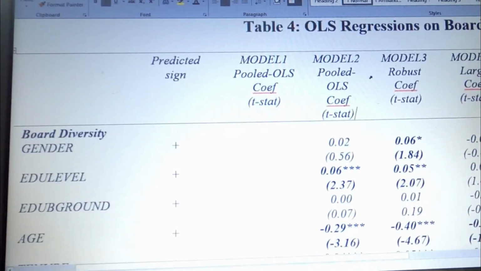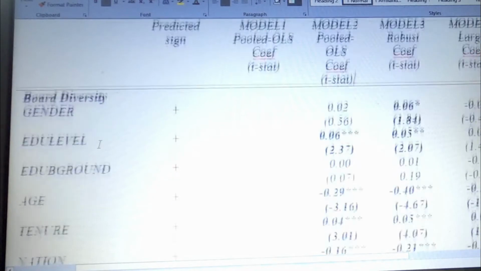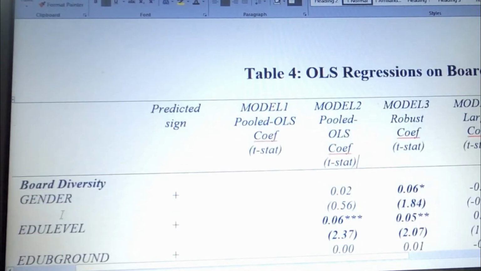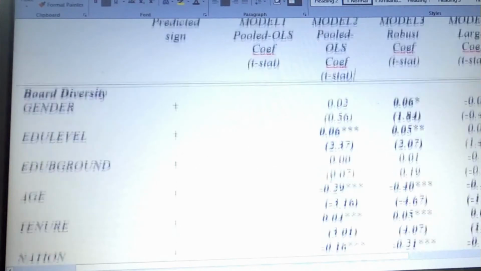You can see in the table the tested variables, gender, education level. These are the components of board diversity, and we're going to look at the influence of board diversity variables on firm CSR.